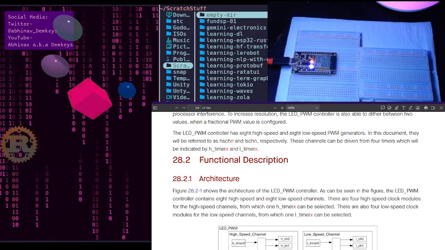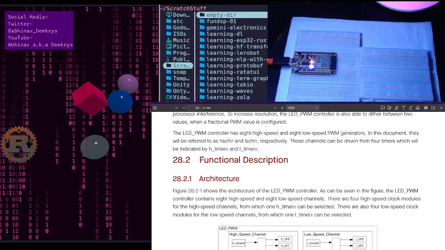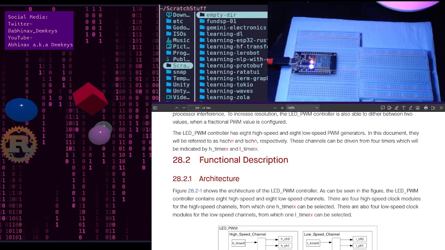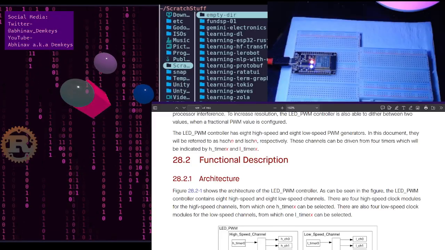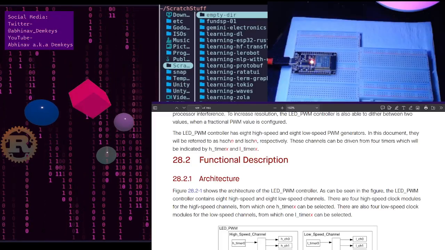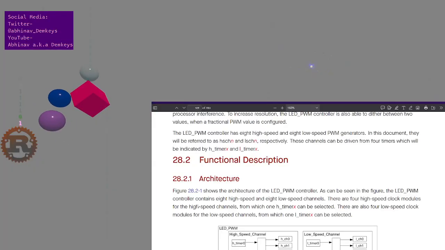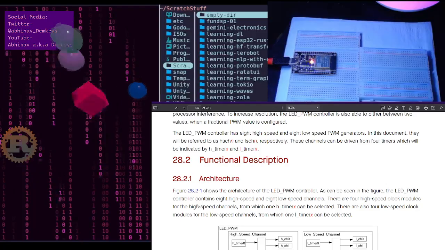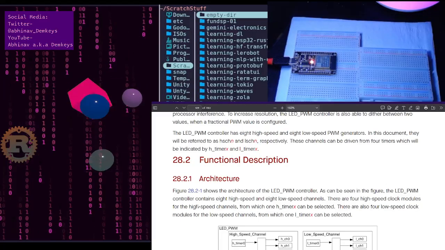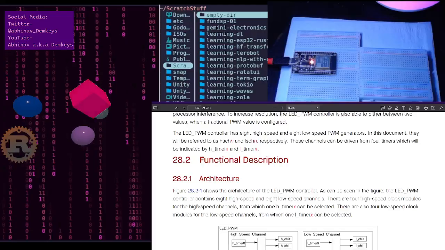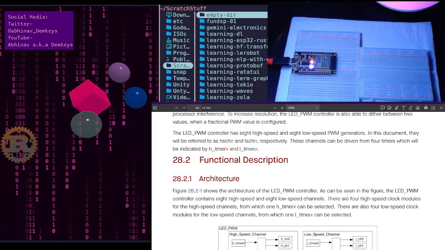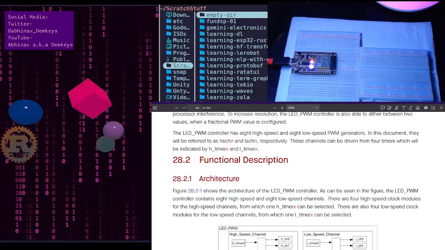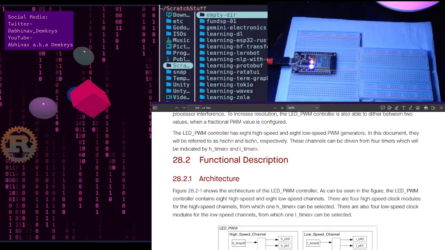In this document, they will be referred to as H high speed channel N and L low speed channel N, respectively. These channels can be driven from 4 timers, which will be indicated by H timer X and L timer X. N is supposed to be the number, and X is also supposed to be the number.